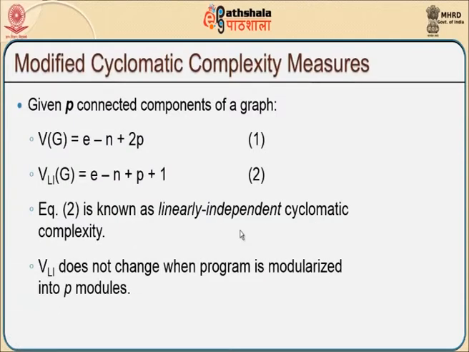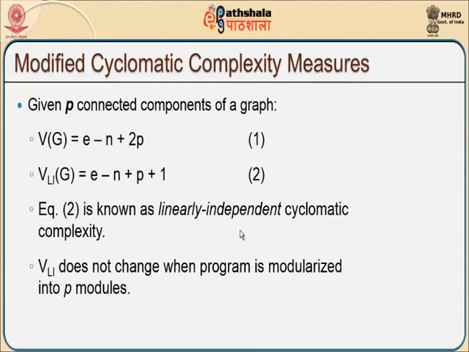So, with this we are going for a modified complexity measure by introducing a value called P. Given P connected components of a graph, the cyclomatic complexity is rewritten as E minus n plus 2p.